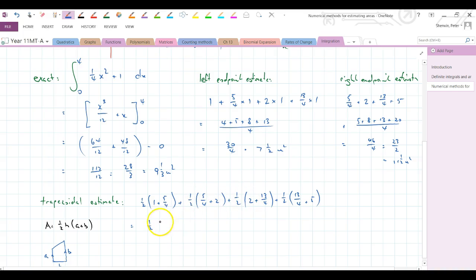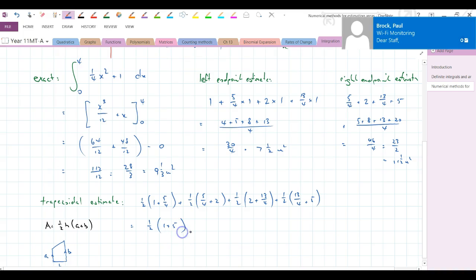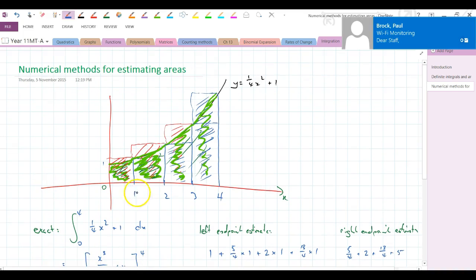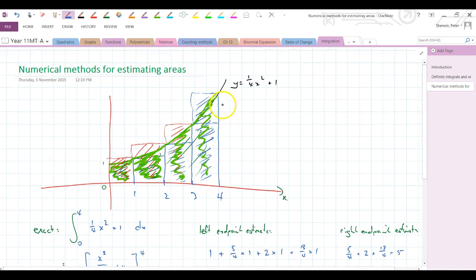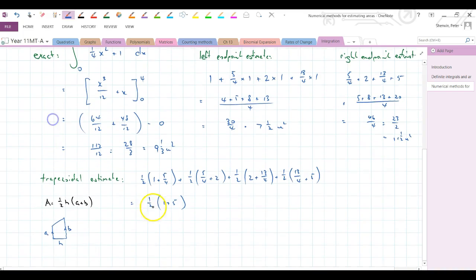You can see that each of the halves are being done by 1 and 5, the first and the last function values, once, but it's being done by the 5 on 4, the 2 and the 13 on 4 twice. The half by 5 on 4 is there and there, and the half by 2 is there and there. So we're getting 2 of those. So it's 2 times a half of the rest of them: 5 over 4 plus 2 plus 13 on 4.